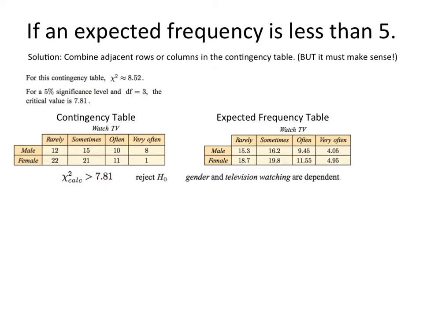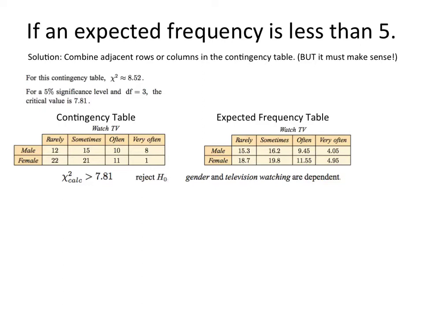So because the difference is too large, it's not close, so it cannot be independent. We reject our null hypothesis, and we say that gender and television watching are dependent. That's our conclusion based on this data.